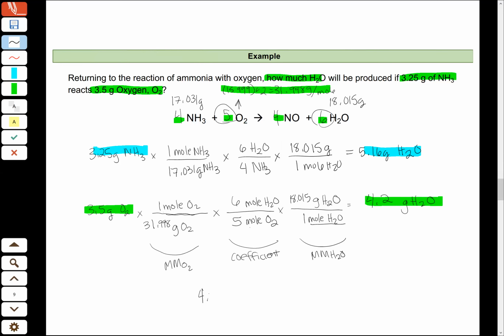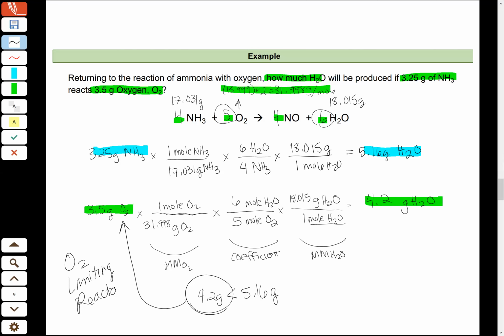And that 4.2 grams is less than the 5.16 grams I calculated from my ammonia. So that means whatever produced 4.2 grams of water is my limiting reactant. And that came from my oxygen. So oxygen is my limiting reactant. And overall, I won't be able to produce more than 4.2 grams. This is my theoretical yield.